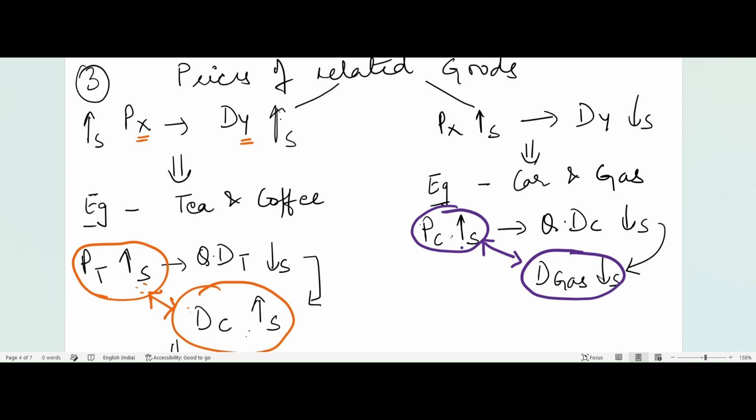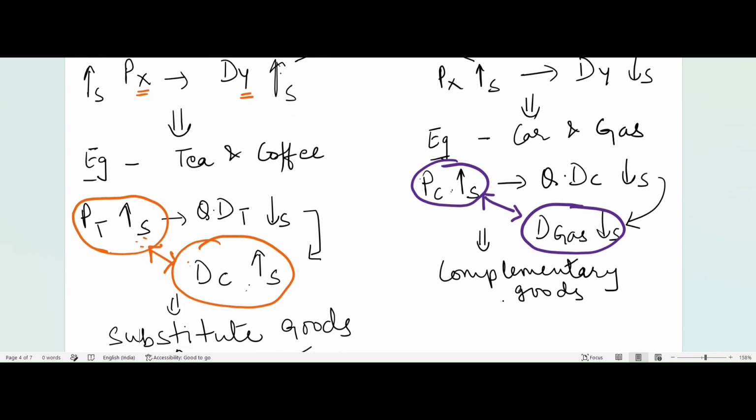If the price of one good increases, the demand for the other good decreases. If that happens, then these goods are termed complementary goods, or complements.